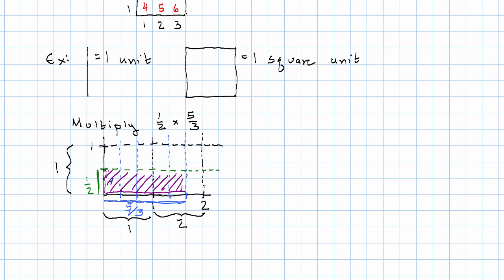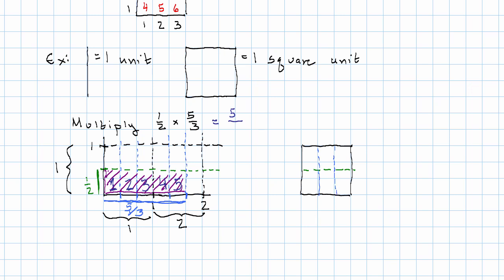I count 1, 2, 3, 4, 5 pieces that are shaded in. And what are those? Well, look at how one of my unit squares is divided up. It's cut horizontally into 2 pieces and vertically into 3 pieces.